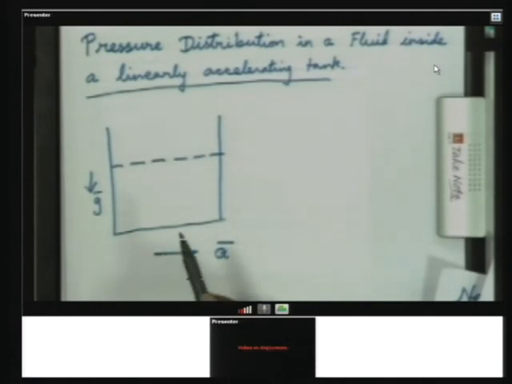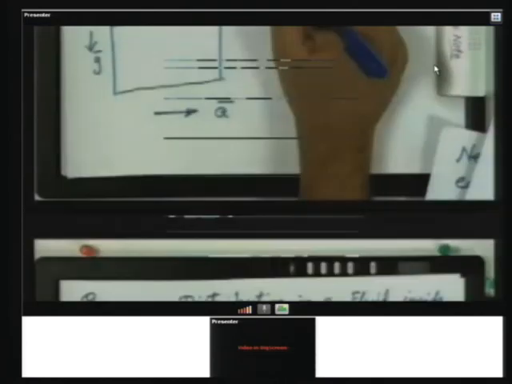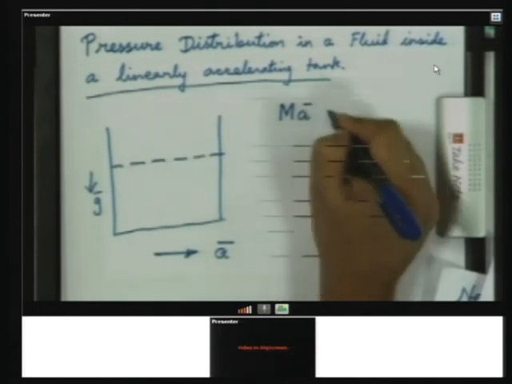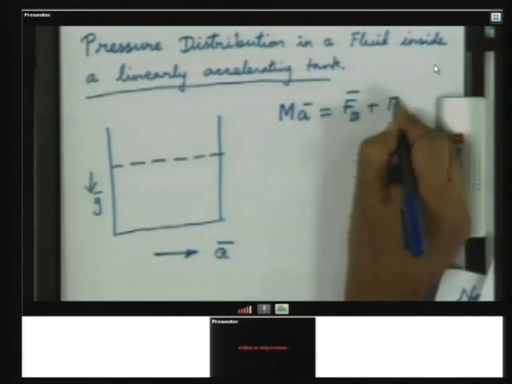Now, we have to add the acceleration term to our equations. So, the starting point is again Newton's second law, mass times acceleration is the net force, and there are two kinds of forces, one is the body force and the other is the surface force.